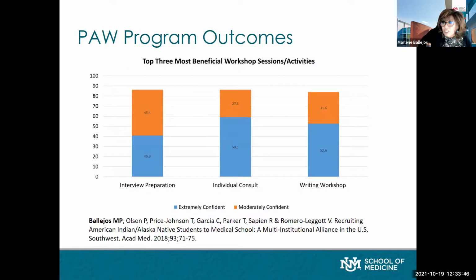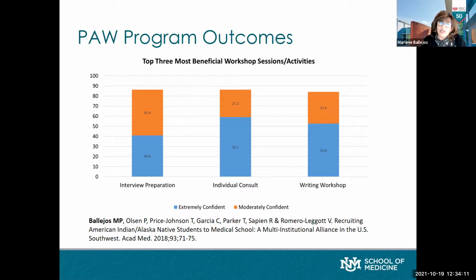And here are some additional outcomes. According to our survey data in 2016, the interview preparation, the individual consultation, and the writing workshop were ranked the top 3 most beneficial workshop sessions or activities for this group of students.